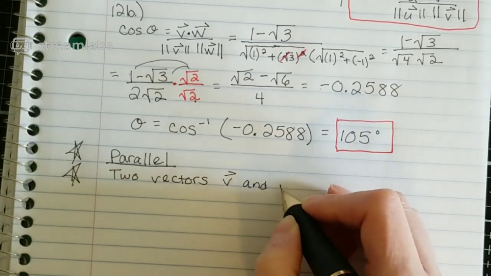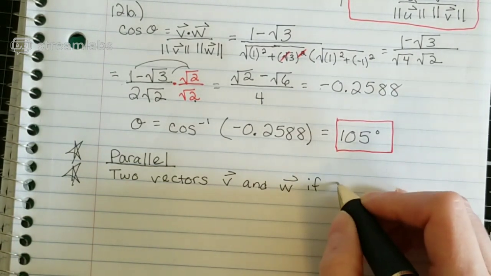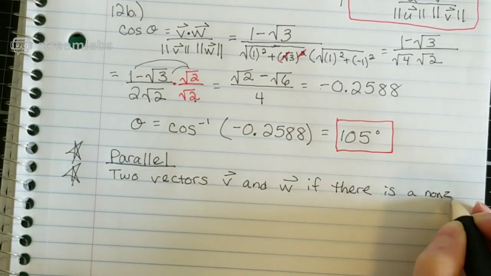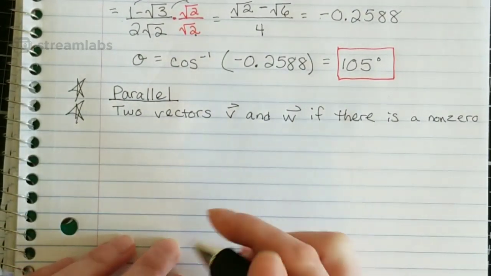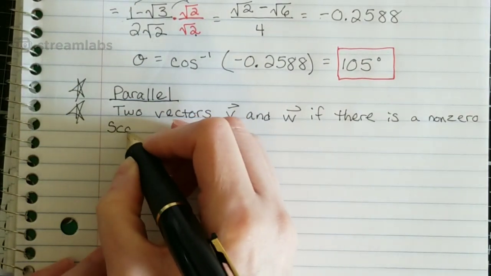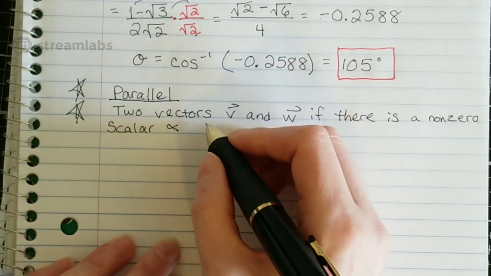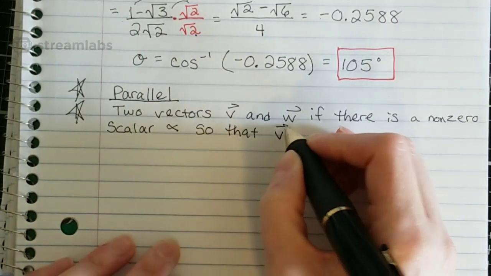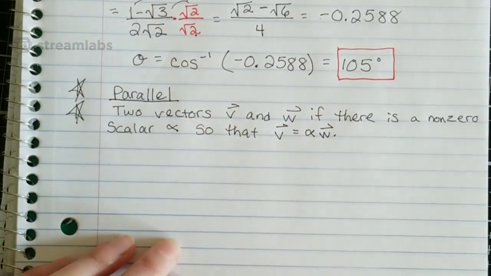V and W are parallel if there is a non-zero scalar, and remember, scalar is just any number that you can times by. We're going to call that alpha, so that vector v is equal to alpha times vector w.